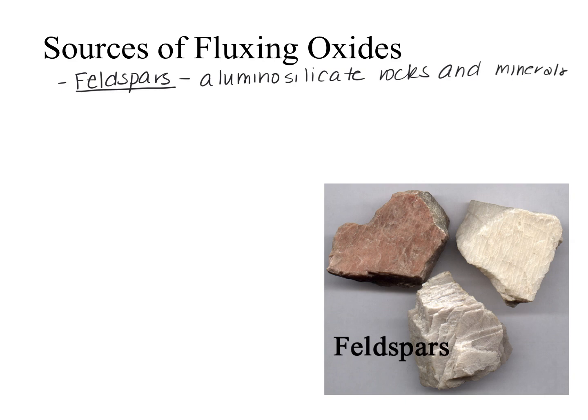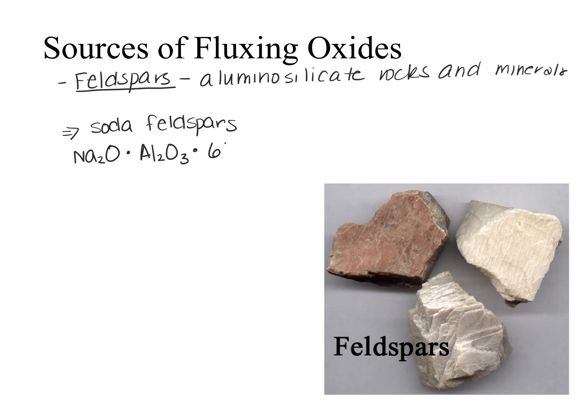And so they're those sources of the fluxing oxides. And we have specific feldspars. So we have soda feldspars. And I have a picture there for you to look at what feldspars look like. And they have a pretty complex formula where it's Na2O·Al2O3·6SiO2, and the dot is not a times, but I'm going to talk about that in a second.